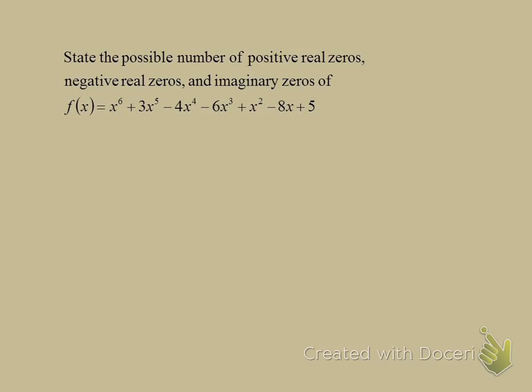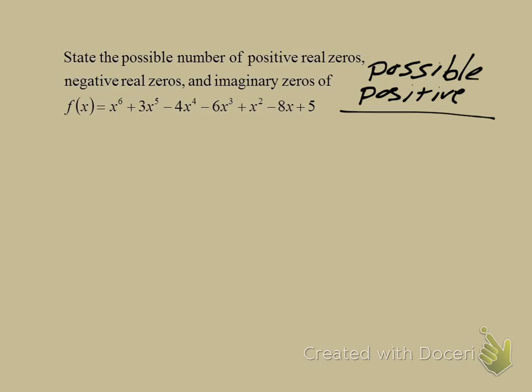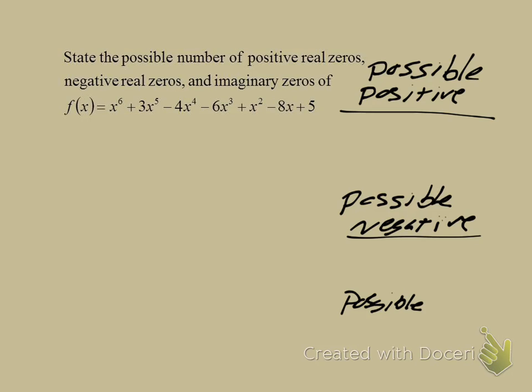State the possible number of positive, negative, and imaginary zeros of x to the 6th plus 3x to the 5th minus 4x to the 4th minus 6x cubed plus x squared minus 8x plus 5. Okay, possible positive, possible negative, possible imaginary.